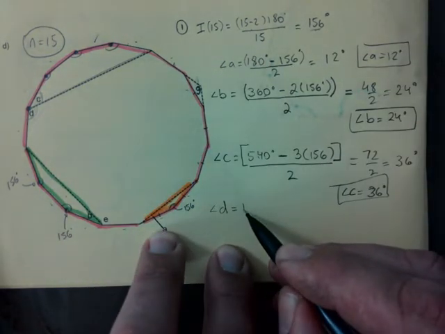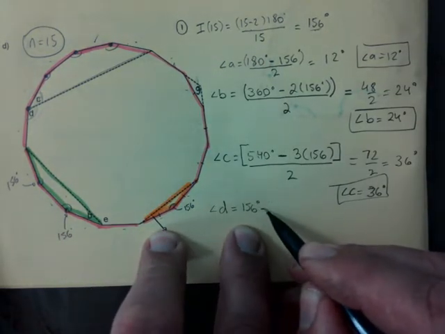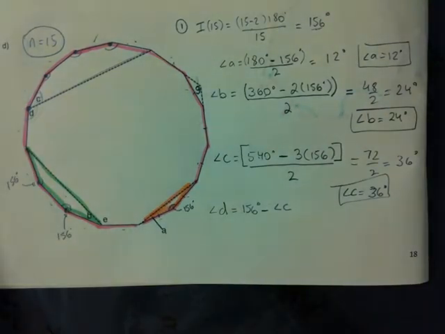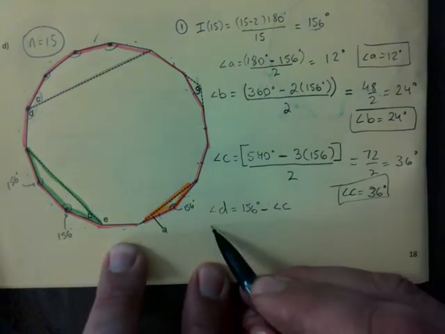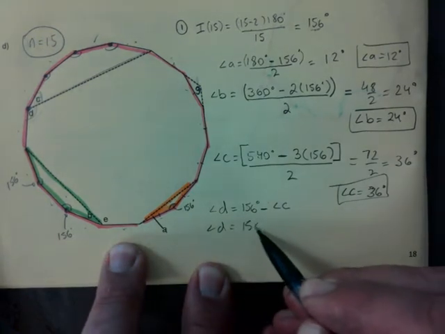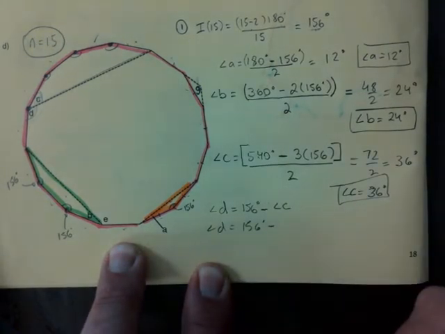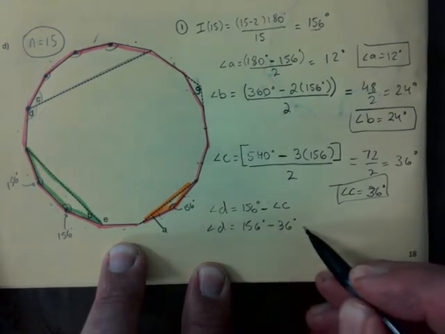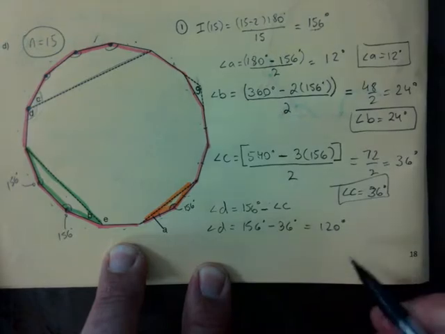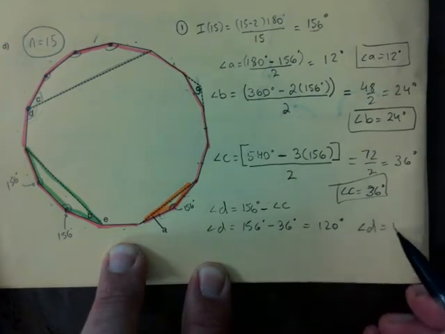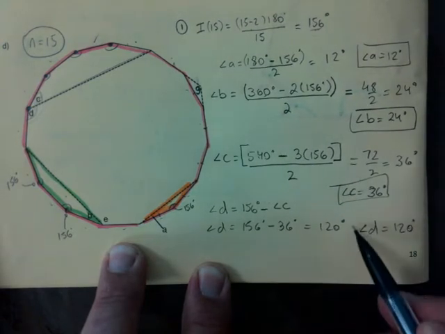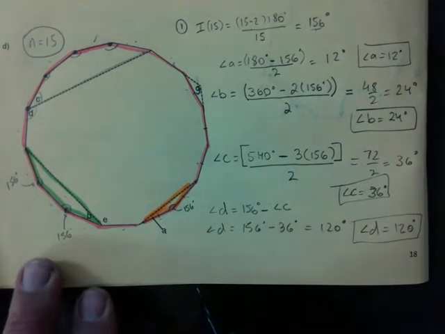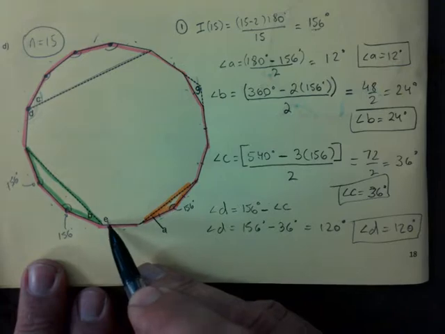So D is 156 minus angle C, 156 minus 36. That's 120. So angle D is 120. I'm going to clearly state that.